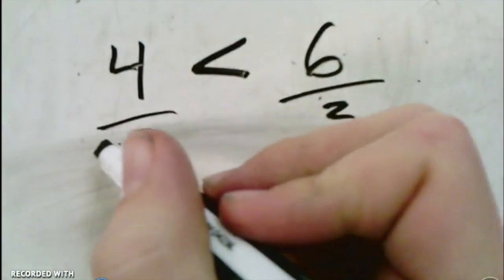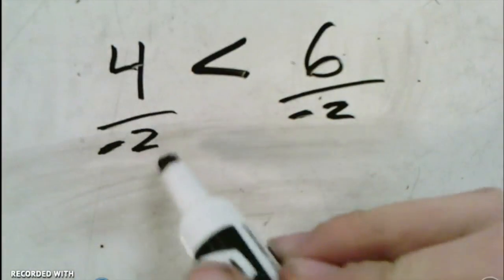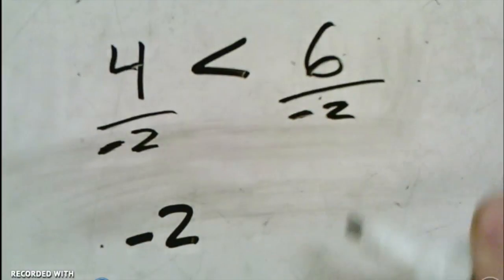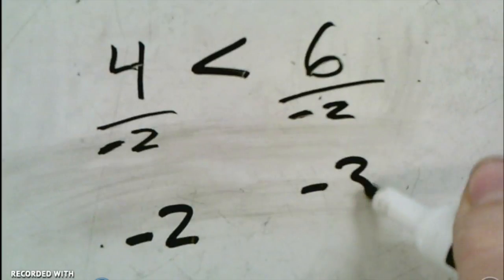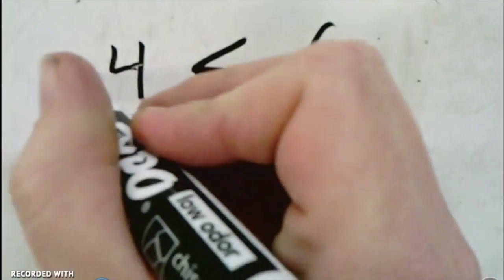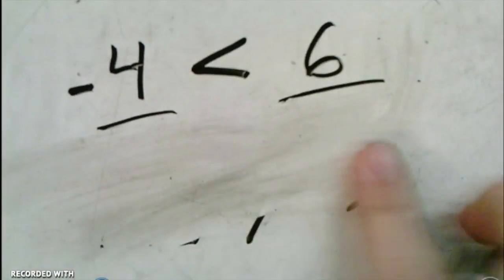What about if I made those numbers negative? 4 divided by negative 2 is going to be negative 2. 6 divided by negative 2 is going to be negative 3. Now which number is smaller? The negative 3. What about if this number is negative?